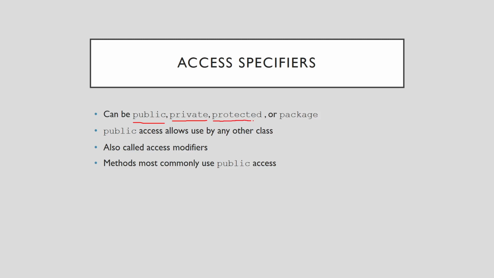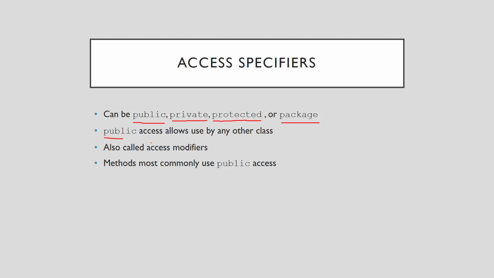The protected access falls between the public and private access specifiers, because only the child class can access the protected member of the class. Package access means only the package can access the member; this is the default access.